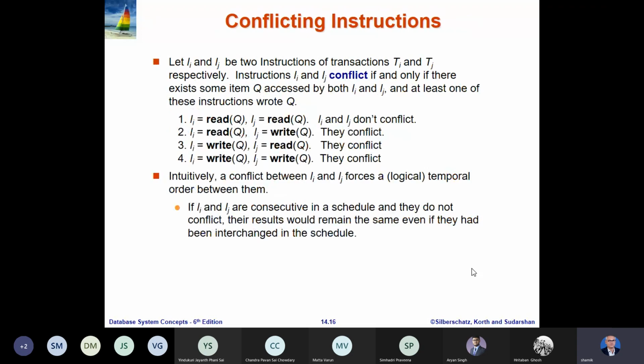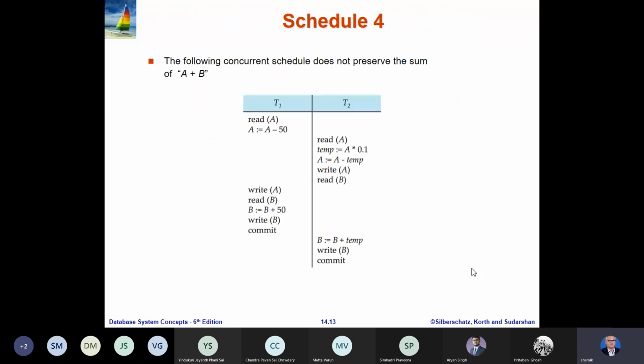So, typically, we consider two instructions Ii and Ij of two transactions Ti and Tj. An instruction is like read A or write A, not the actual changes, because they don't matter, as I said.